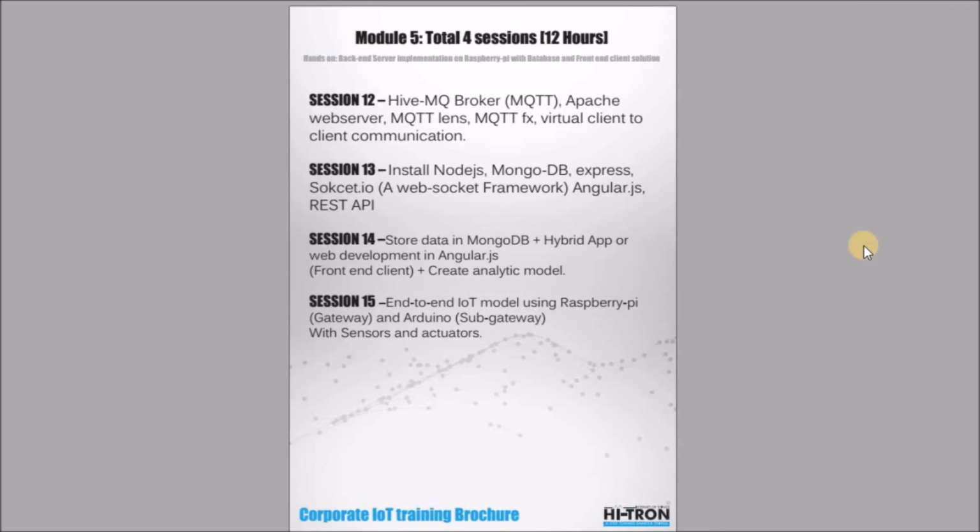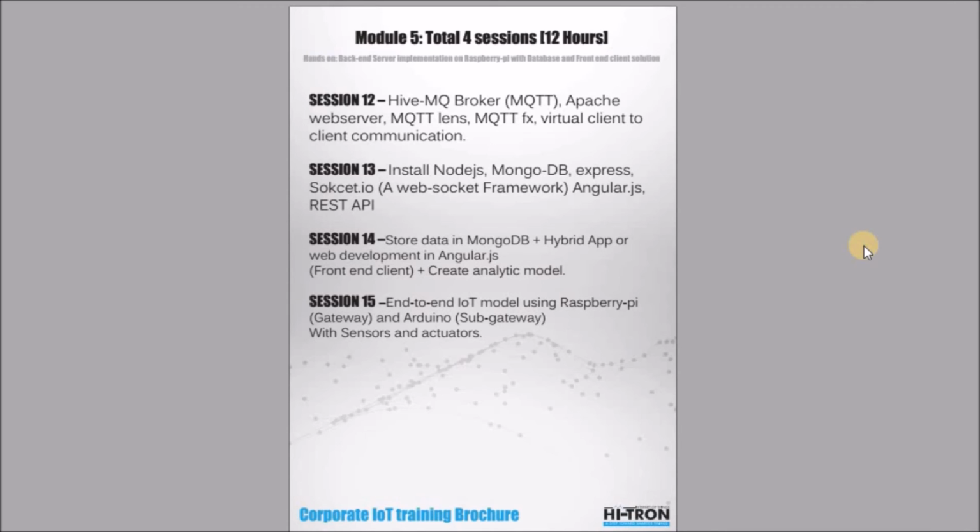Session number 14 is the one where we will be spending a lot of time working with the MongoDB database, and building a hybrid app using a front-end framework, something like Ionic. So we will be creating the front-end client and talking to MongoDB, so that we can use the front-end client and log the data onto the database.